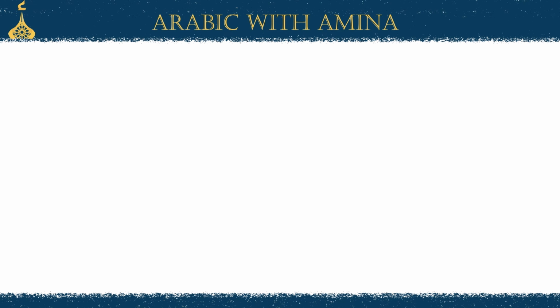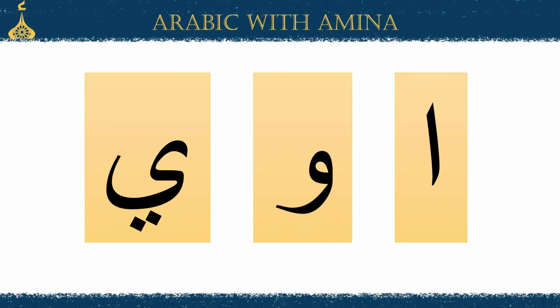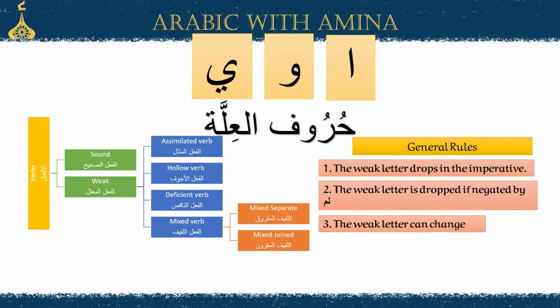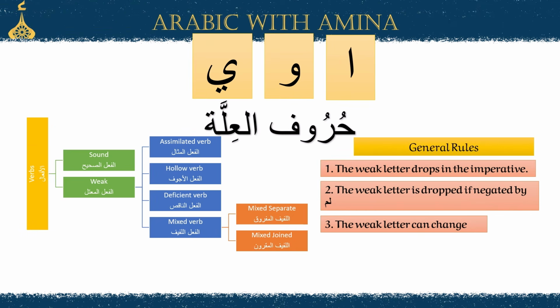So to bring it all together, all of this variation, all of this apparent irregularity comes down to these 3 letters, which are known as حروف العلة: alif, waw, and ya. We covered what they are and how verbs are categorized based on where the weak letter sits in the root. الفعل المثال, الفعل الأجوف, الفعل الناقص, and الفعل اللفيف.